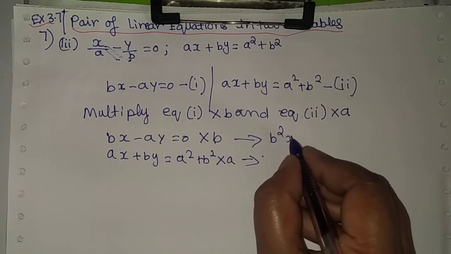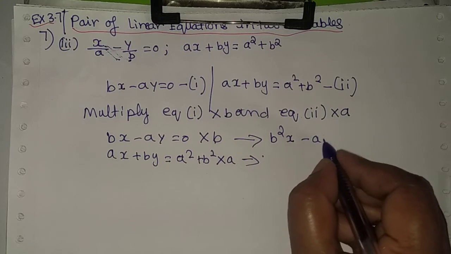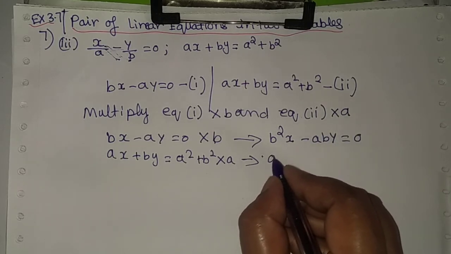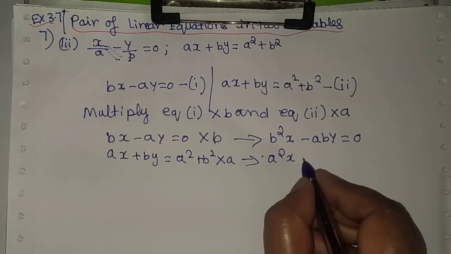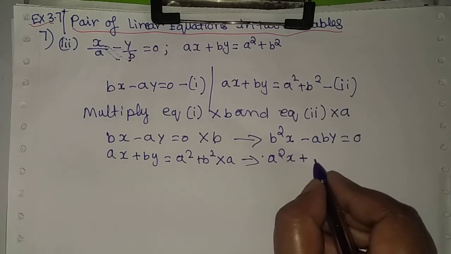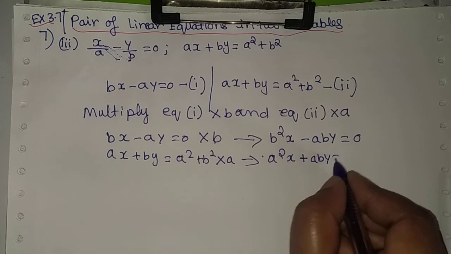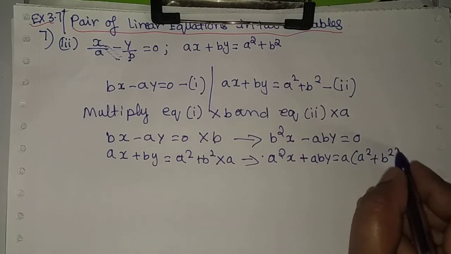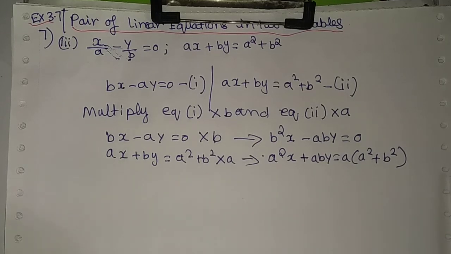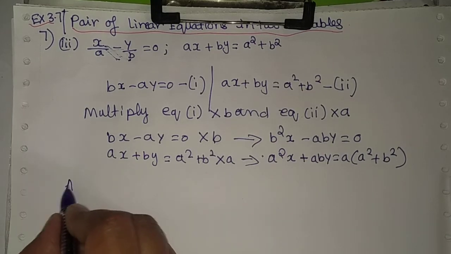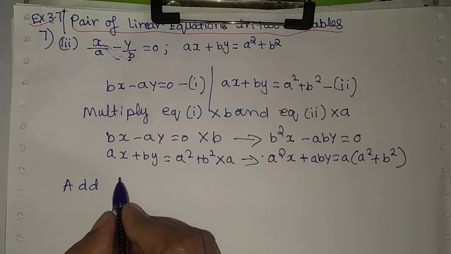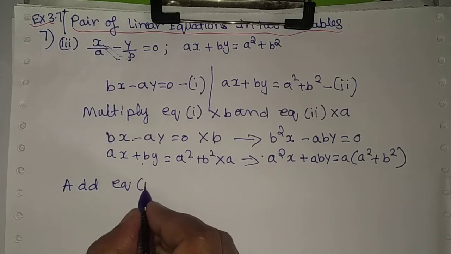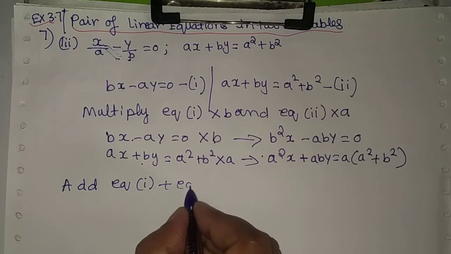b square x, now write down, that is aby is equal to 0. Then a square x plus aby is equal to a into a square plus b square. Now next step is add these two equations, that is add equation 1 plus equation 2.